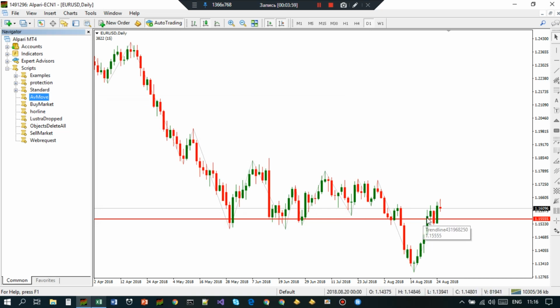What I see, instead of termination and reversal to the downside, is that we broke through this level, then we had a retest, and then we continued that movement to the upside. What is remarkable is that this level is not accidental.